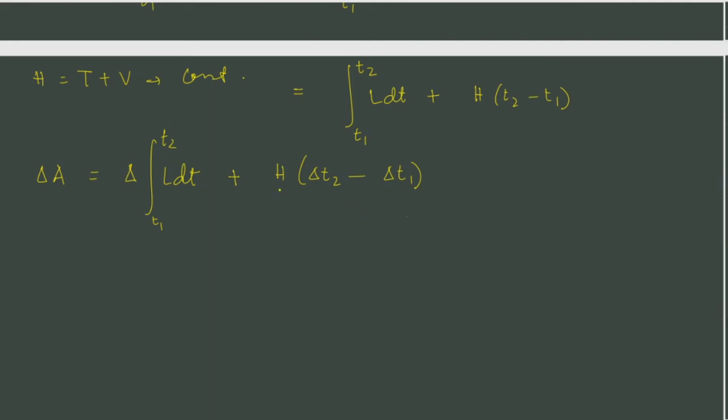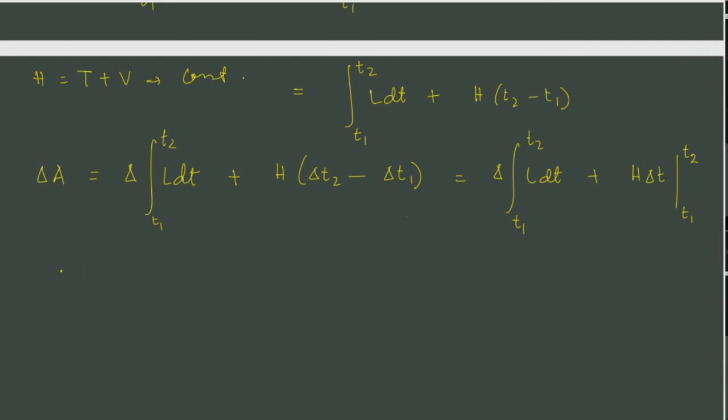What it means is that h is constant, so we are considering all paths for which h is constant, and delta t2 and delta t1 are variations at the endpoints. We mentioned that now the endpoints are allowed to vary. So this can also be written as h delta t evaluated at the endpoints, where delta t takes just the values delta t1 and delta t2.